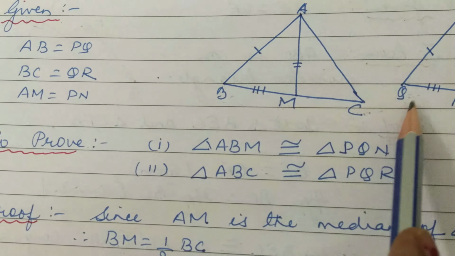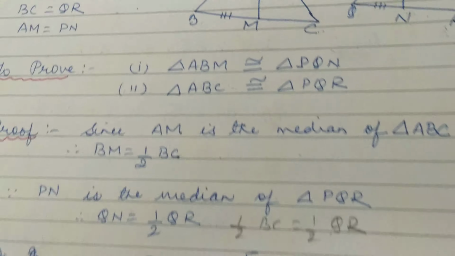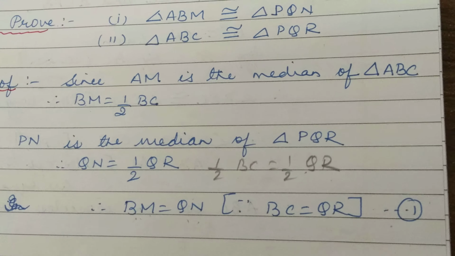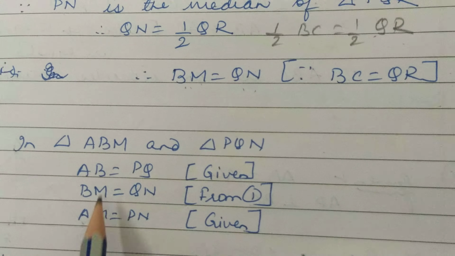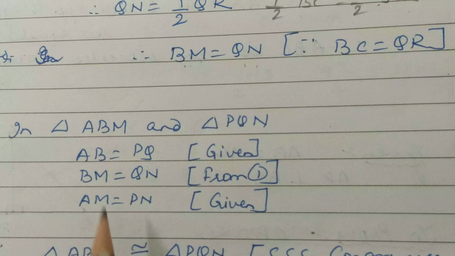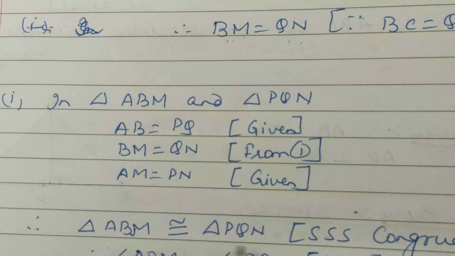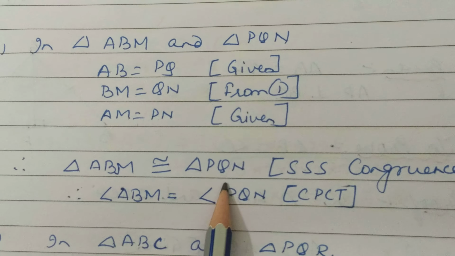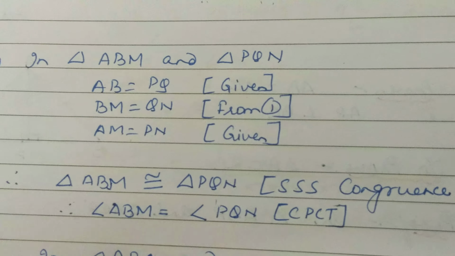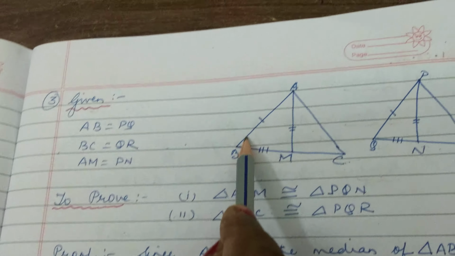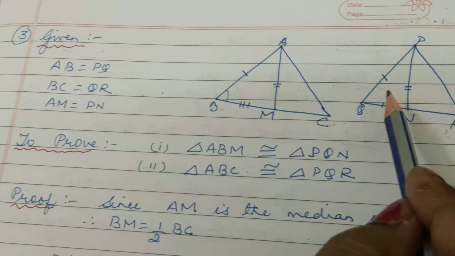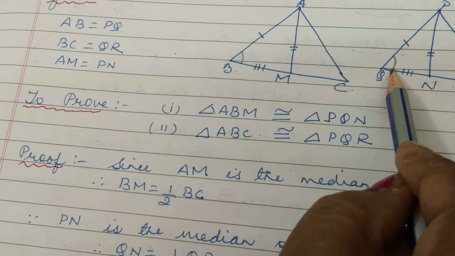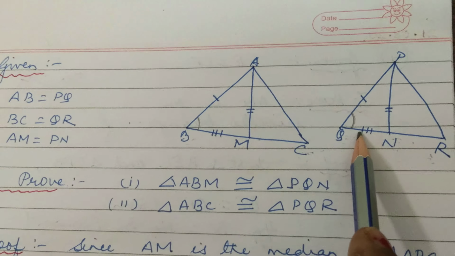And BM equals QN, we have just found out, so it is from 1. Therefore, the two triangles are congruent by SSS congruency rule. Now, if the two triangles are congruent, therefore angle ABM is equal to angle PQN by CPCT.